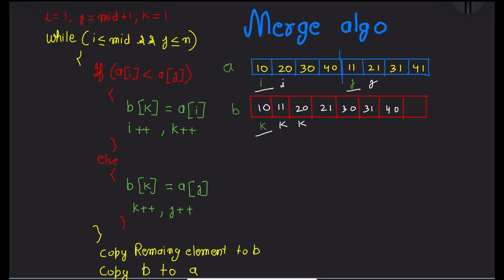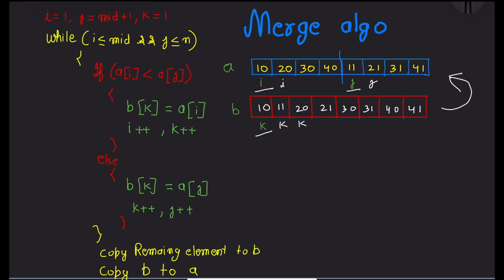Now one subarray is finished, so we will copy the remaining elements of the other subarray. Now we will copy back the elements of array B into array A, and we will have a sorted array A.